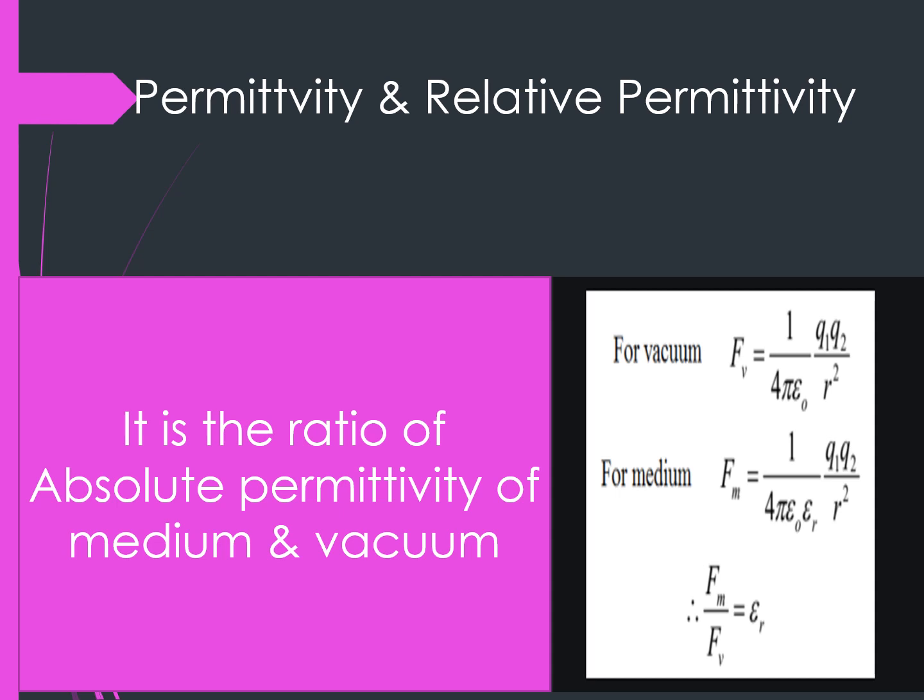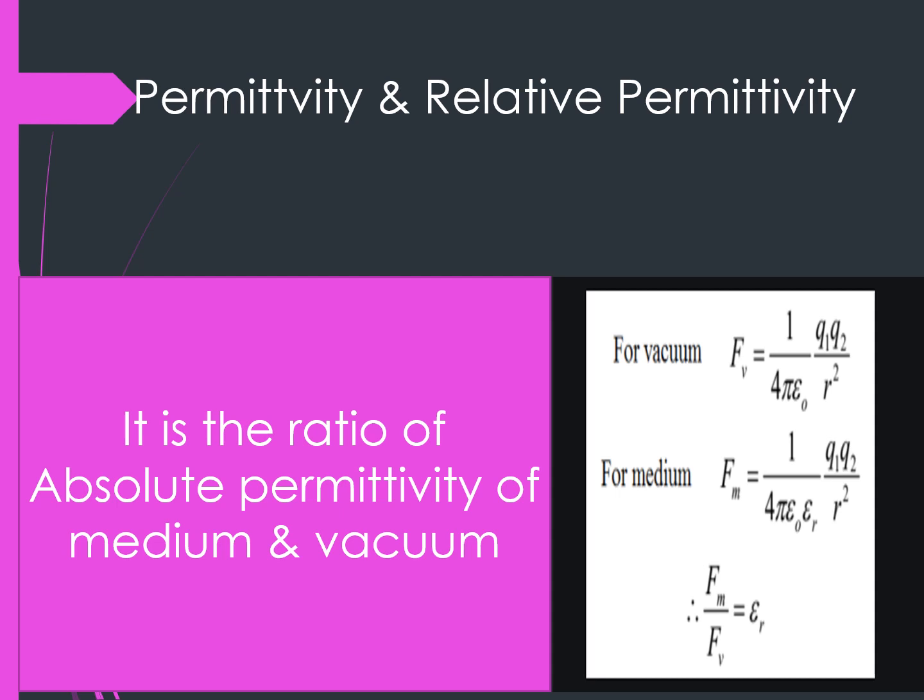Each material has a unique value of permittivity. The permittivity of free space is 8.85 into 10 to the power minus 12 farad per meter, or Coulomb square per Newton meter square.